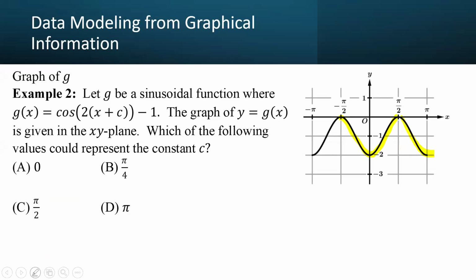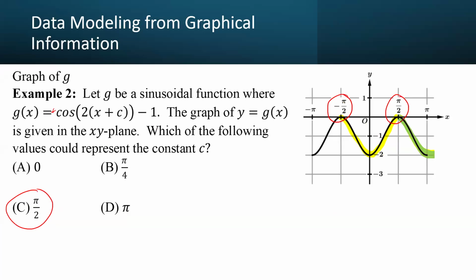And here is the start of another. So when I'm looking for my phase shift, it's the start of the pattern. So I can either be at negative pi over 2 or I can be at positive pi over 2. So the only option here that we can see is C. And that's because it was a positive cosine.